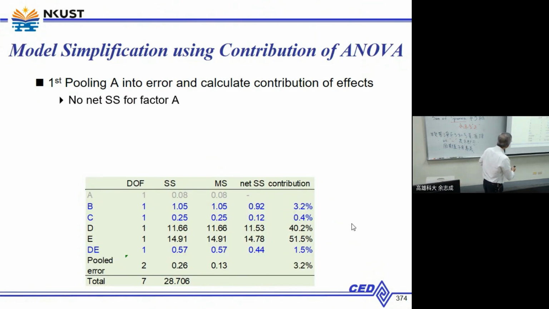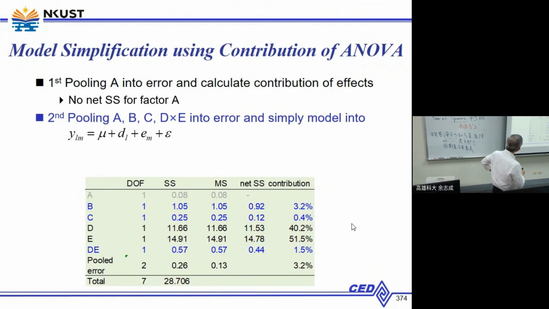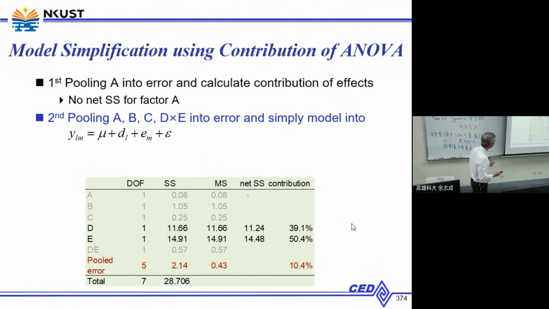All right, so in summary, in the first step, we pool A into the error term because there is a negative net sum of square, right? And next, we simplify that into only 2 effects, right? It was 3.2% for the model. But after we simplify, the error percentage is 10%, which is still small enough.